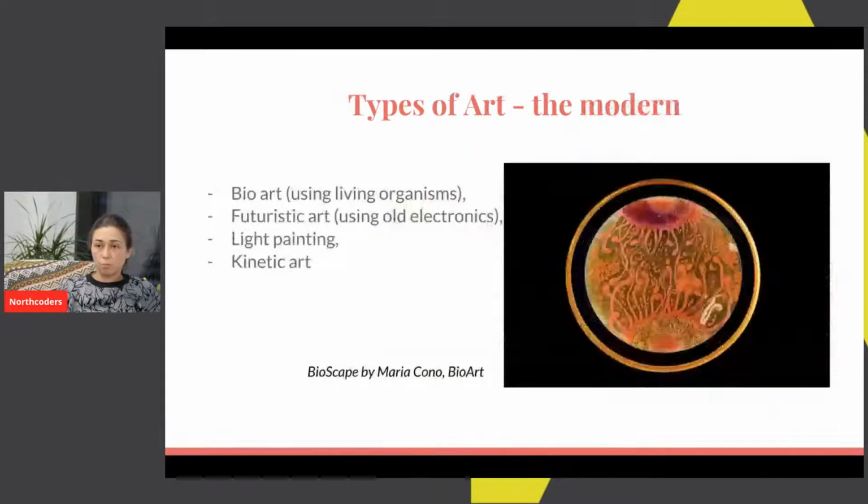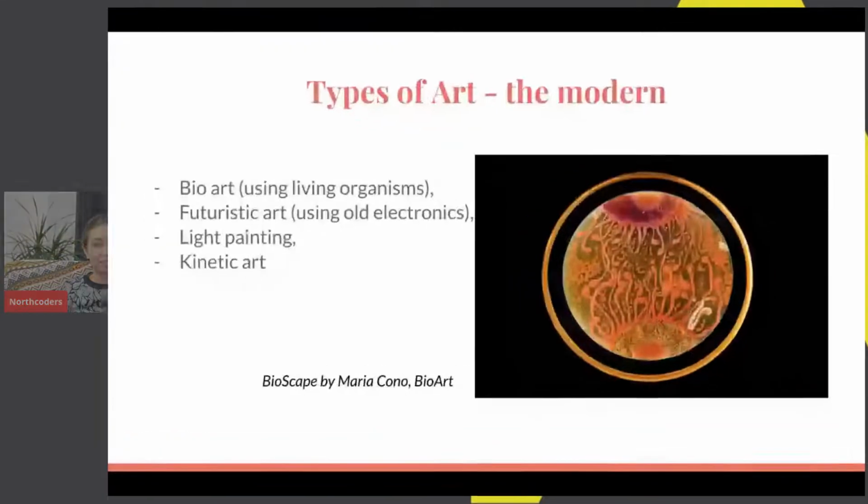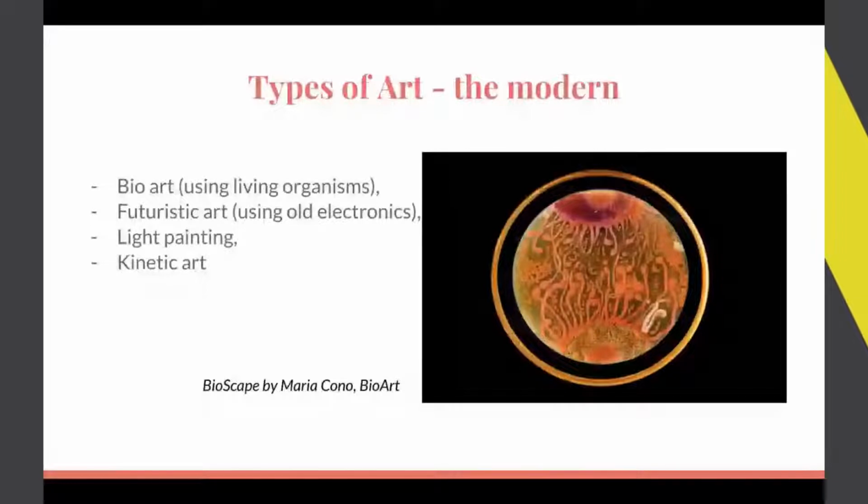There's some modern types of art that have come about in the last decade or so. And the image that I've included here, I do apologize if it makes you a little bit uncomfortable once you know what that is. This is a magnification of a Petri dish, and the artwork is done through microbes and bacteria.